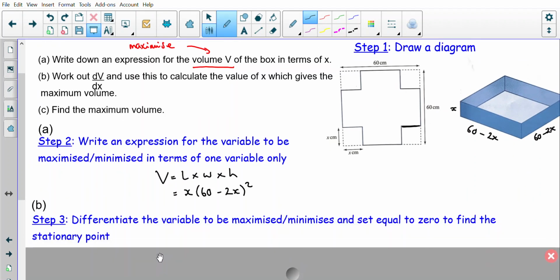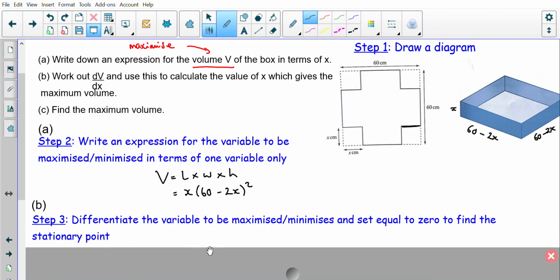In part B, we have to use the gradient function to work out the value of x which gives the maximum volume. This is just like when we had a curve, finding the x coordinate of the stationary point, because the stationary point is where our function is at its maximum or minimum.